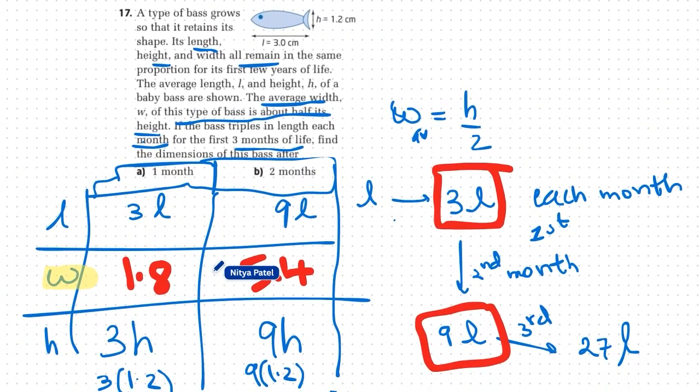So 3L means 9 centimeters. 9L means 27 centimeters. This is the answer, okay? After first month, after second month. For the first few years of life, the question says that proportion will be maintained. So we are calculating a small number just for a month. So this is the process.